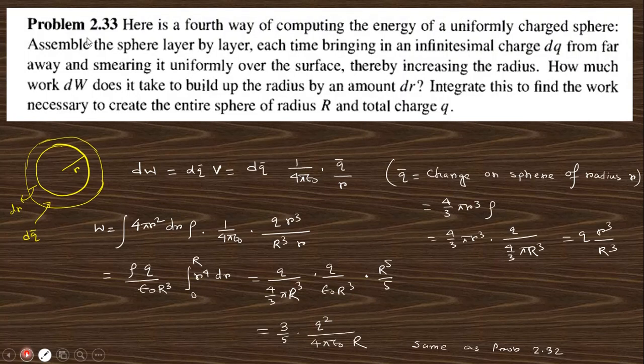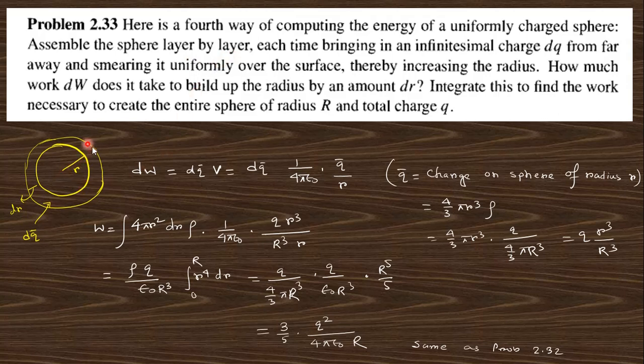Go to the next question, that is 2.33, which says here, fourth way. We already discussed three ways of finding the work done. This is the fourth way to compute the energy of a uniformly charged sphere: assemble the sphere layer by layer.